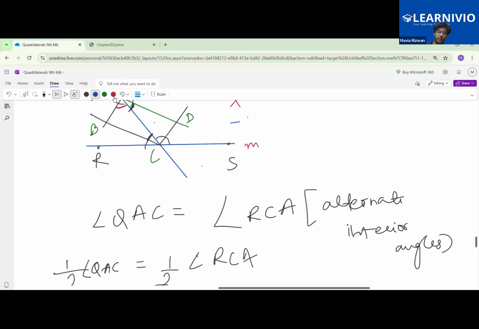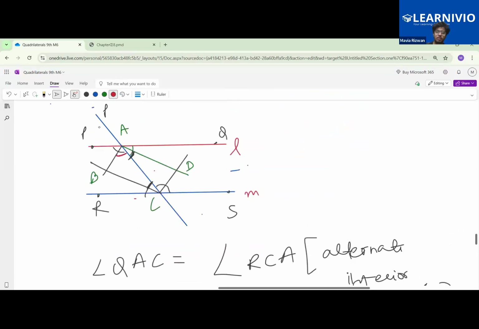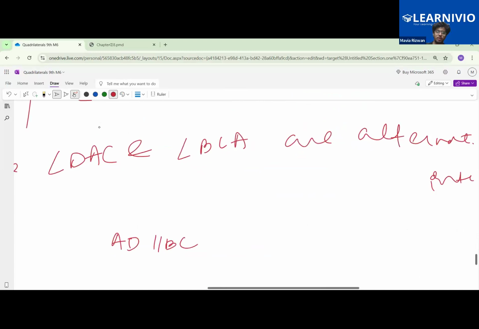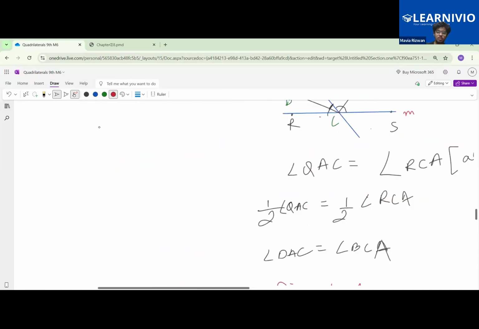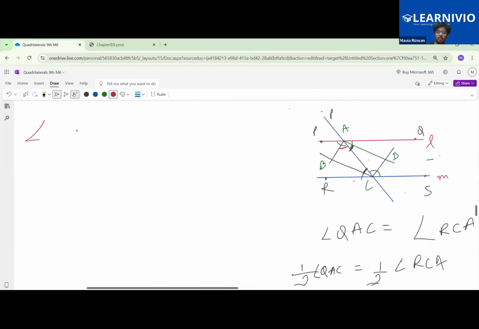This would be easier for you. Angle RCA plus angle SCA, their sum is 180 because of linear pair. I am writing here so that it's easier. Angle RCA plus angle SCA is equal to 180 degrees.